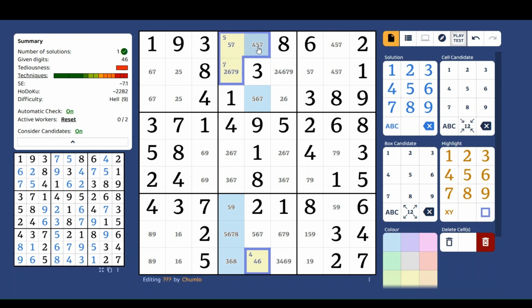That would empty it out and be invalid. If instead we had 5, 7, 6, this cell also shares those exact same candidates, and that would be left empty. So any situation where this cell is a 7 is invalid. Therefore, we can go ahead and eliminate the 7 as a candidate from this cell. Anyway, yeah, that is subset exclusion.